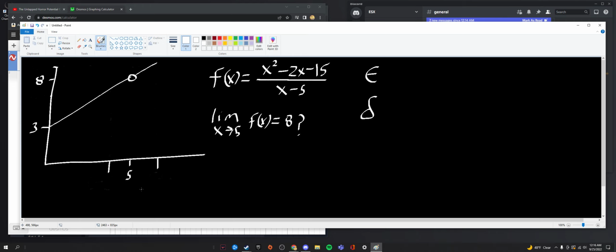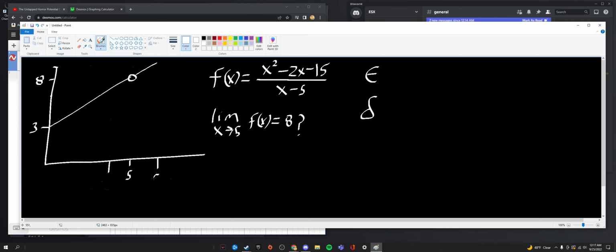We plug in 5, we get undefined. So a range around 5 is generally defined as C, the same way we can generally define limits as L. In this case, we have an exact value, which is 5. So a range around 5 would be 5 plus delta, 5 minus delta.